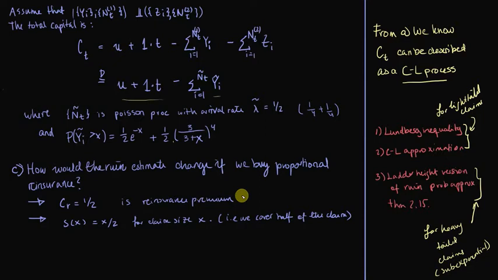Well, since we've gotten this written down, then it's actually quite easy to write down an expression for the total capital in our case, which is then different from the total capital that we have up here. Because what we now have is, well, the initial capital is still u. However, the premium is now just 1/2, right? Because we charge a premium rate of 1, but we have to pay a premium rate of 1/2. So the total premium rate is 1/2.